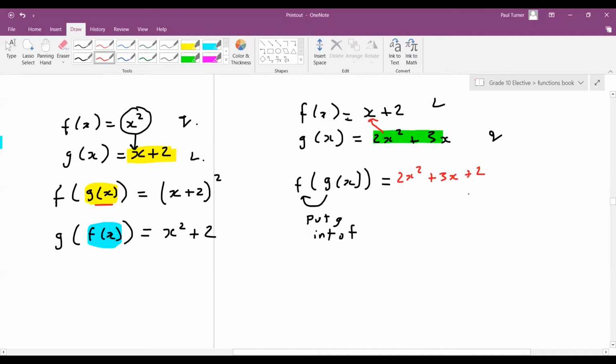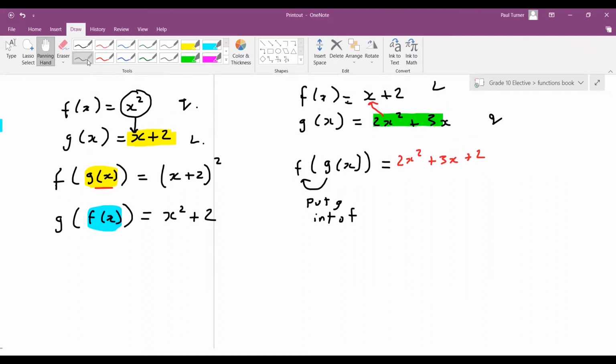You'll get that answer. Okay, and if you do it the other way around, if you do g(f(x)), so you see how I put it inside the g function. So you're going to put f, which is x plus 2, into g.